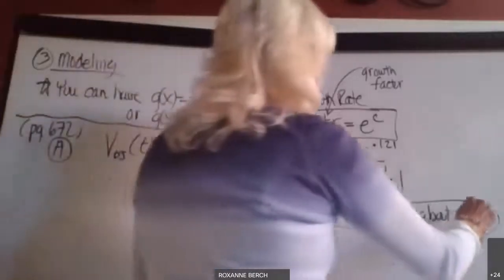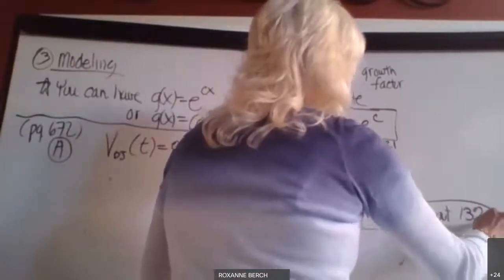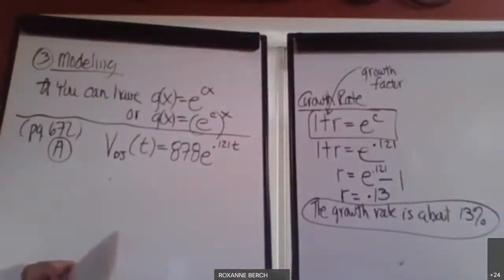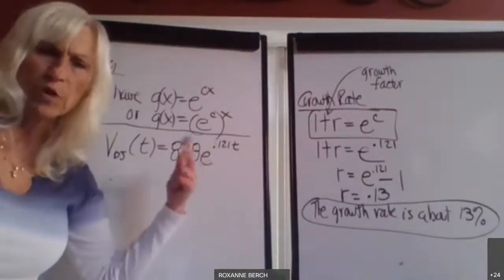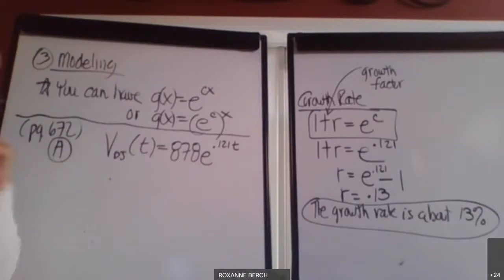I got 0.13, but there's a bunch of decimals, and I just rounded it. I don't care. That's good. So the growth rate is about 13%. And we do not need the r to solve this. They just wanted to know what the growth rate was.